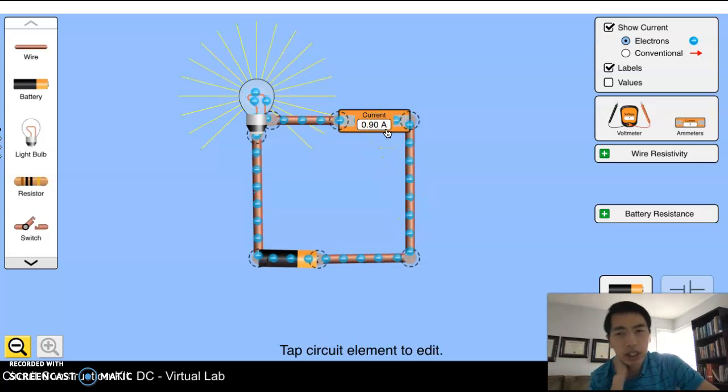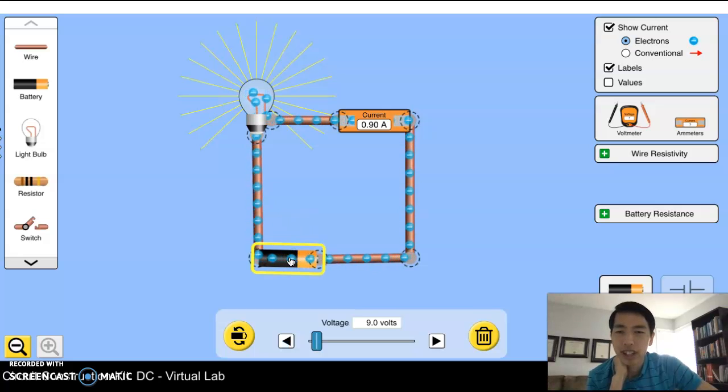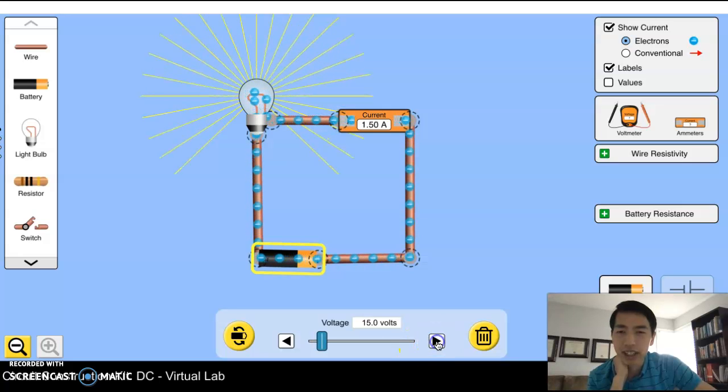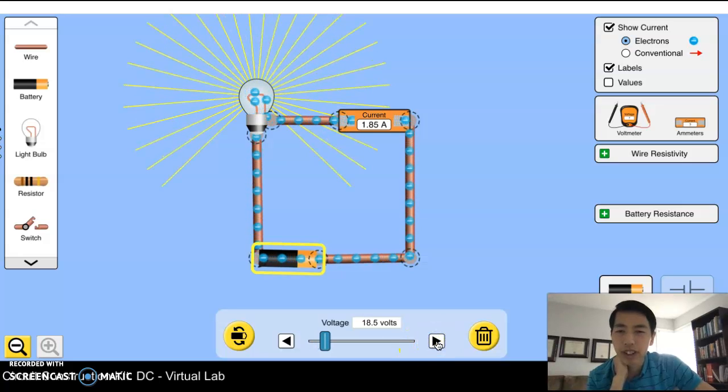So what can I control as the designer of the circuit? Well, if I click on my battery, the simulation allows me to control the voltage for the battery. Okay, I can click these arrows and I can pump up the voltage from the battery.